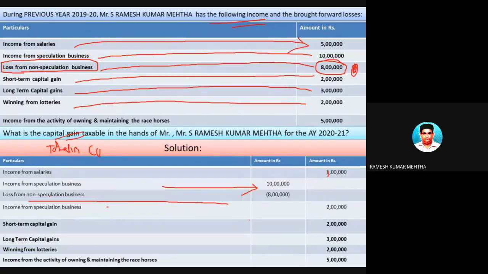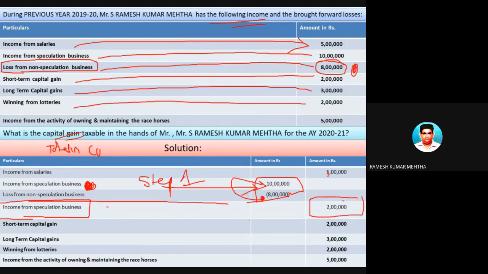So this non-speculative or ordinary business loss can be set off against speculative business gain. Under the intra-head adjustment, which is the first step, I set off this 8 lakh rupees against this income of 10 lakh rupees. After setting off, the remaining income from speculative business is only 2 lakh rupees.